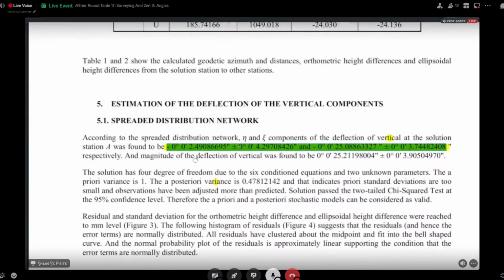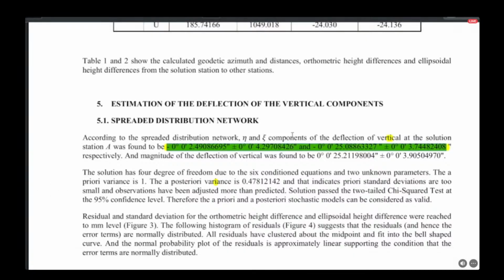This one is 0 degrees, 0 minutes, 4 seconds, 0.297088426. Together, that could throw a measurement. That could throw it from 179 to 80 easily when they needed to. And the other one was registering off 0 degrees, 0 minutes, 25 seconds, 0.08863, yada yada. 25 seconds is a lot.